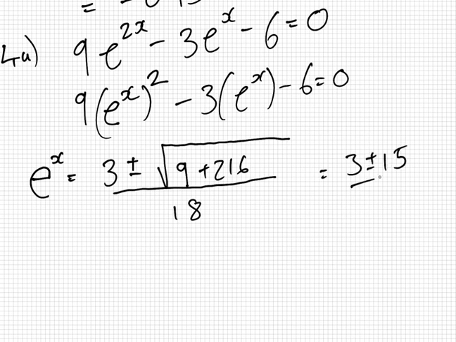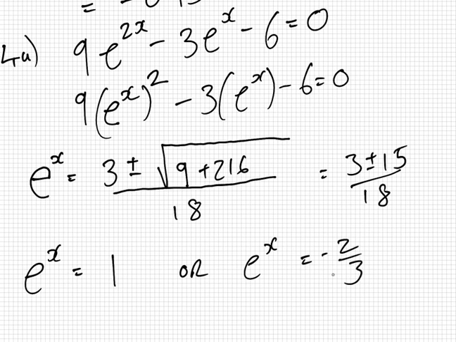So we'll get 3 plus or minus 15 over 18. So we have 2 answers. e power x equals 15 plus 3 divided by 18, so that's 1. Or e power x equals 3 minus 15, so this looks like it won't be an answer.